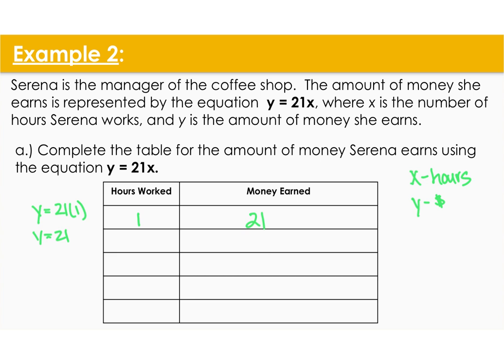So if that's the case, 2 hours then would be 42. 3, 63. 4, 84. And then 5 would be 105.